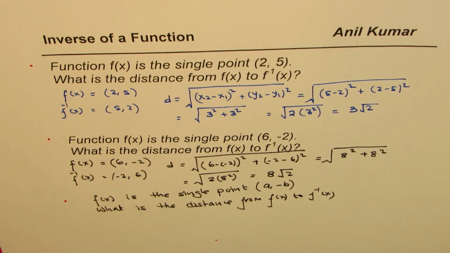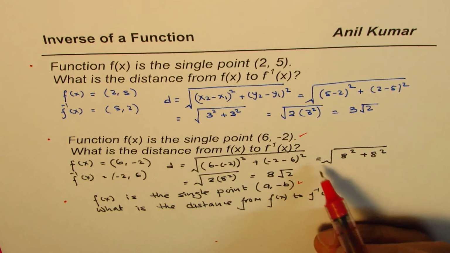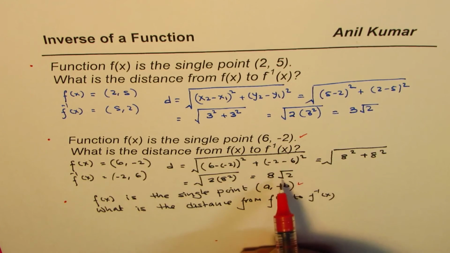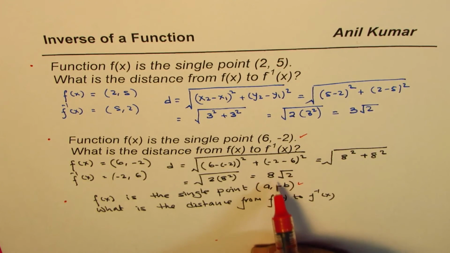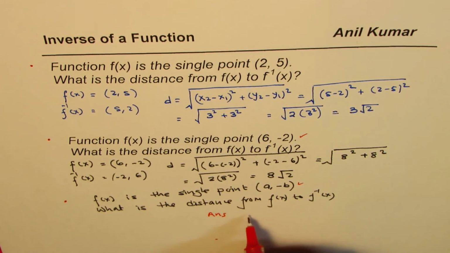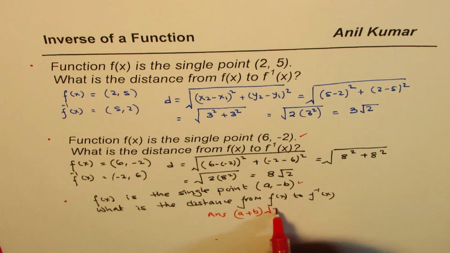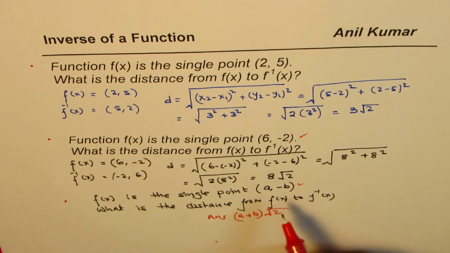So this is very similar to this situation, and if you go through these solutions, you understand. In this case, when one of them is minus, the outside term is, add them up, right? So the answer is, for this one, a plus b, square root of 2. Basically, it is the difference of the two, a minus (-b), but minus minus makes it plus.